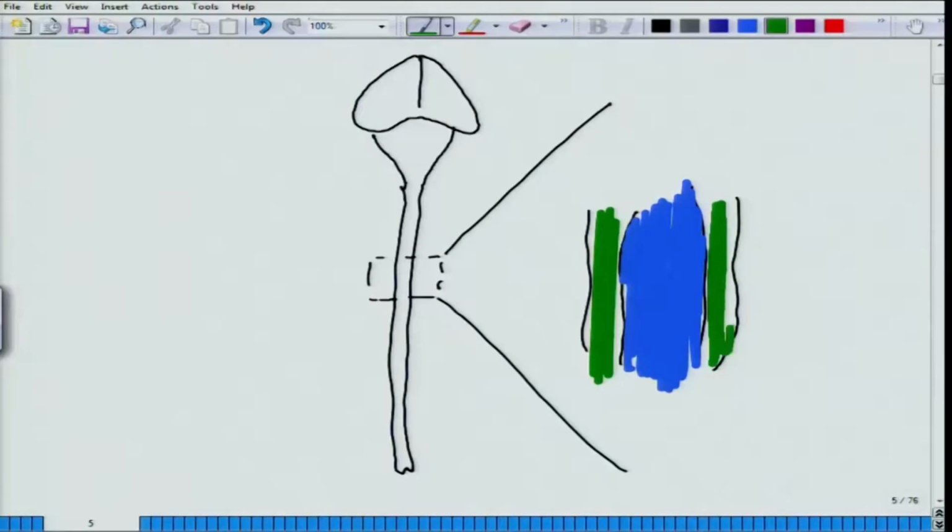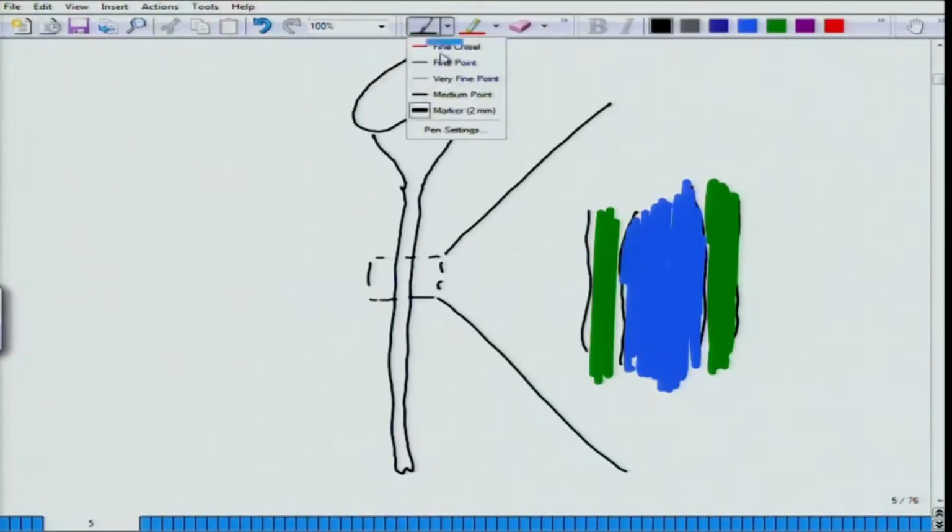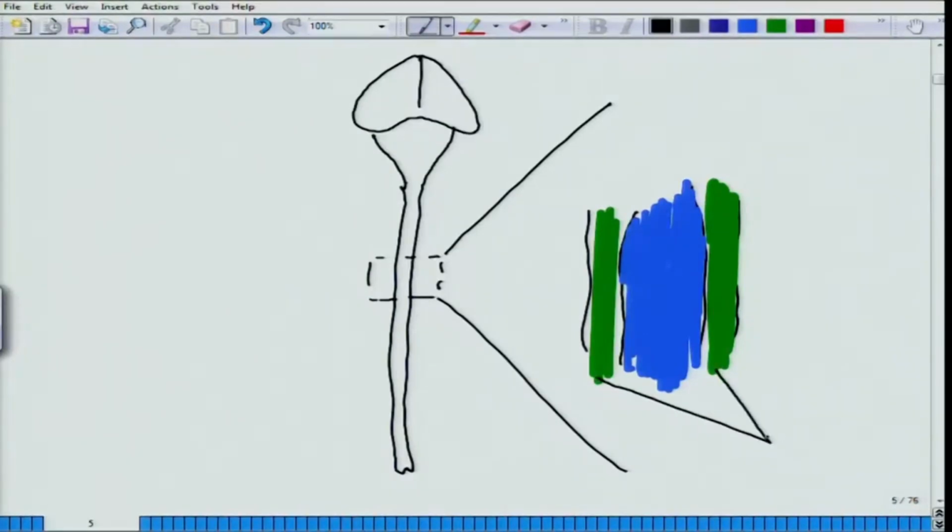So, this green what you see is called the dorsal root. This one and this one is called the dorsal root, and the center one, this part from here to here, is called the ventral root. So, what is dorsal root and what is ventral root?